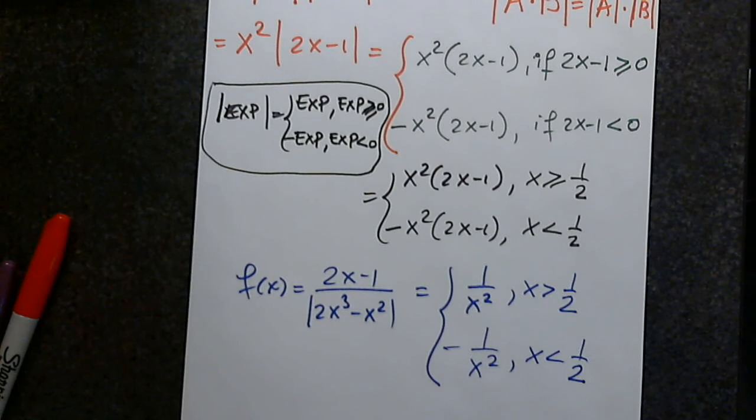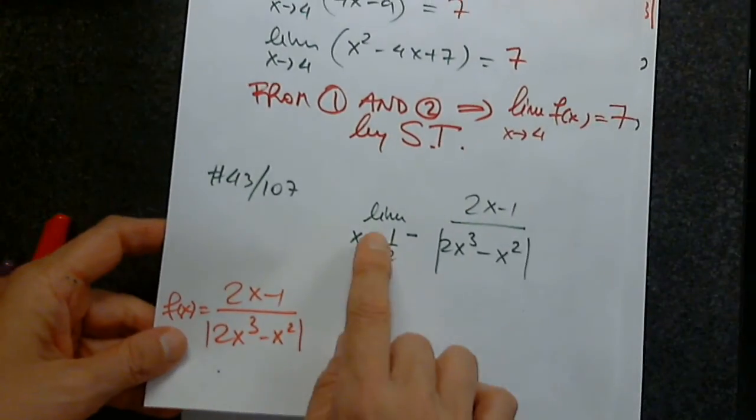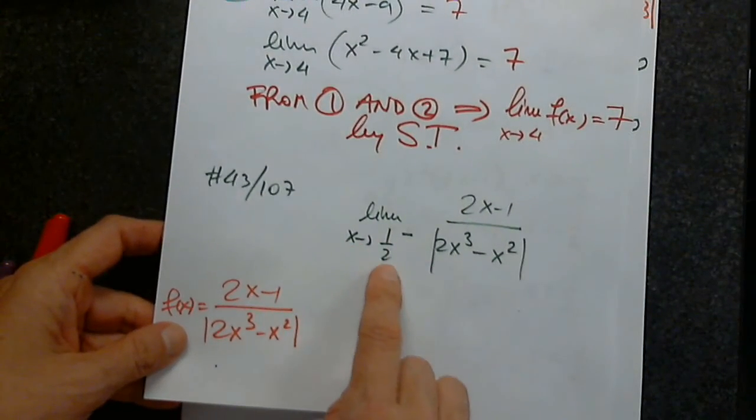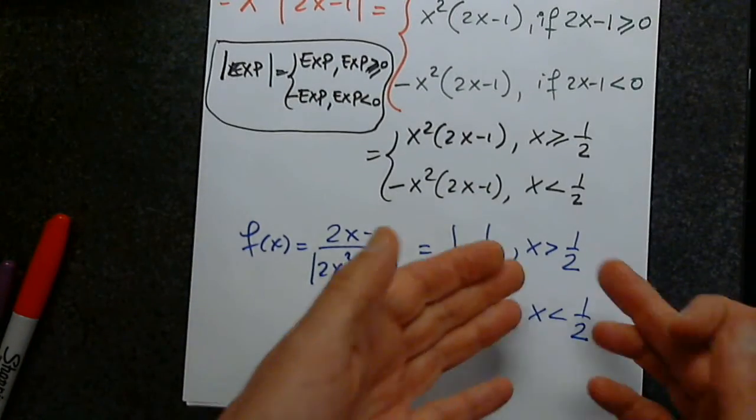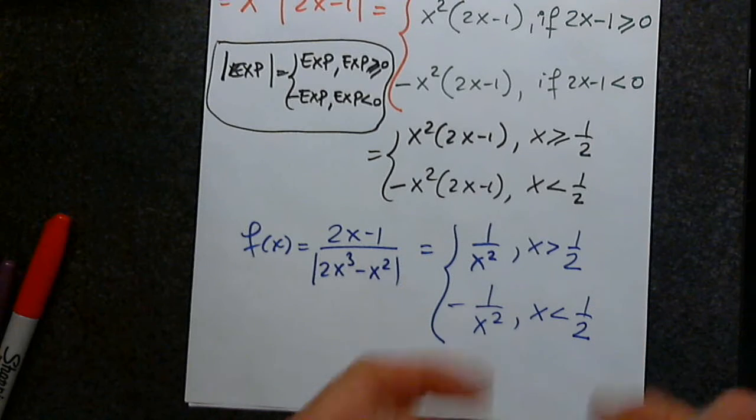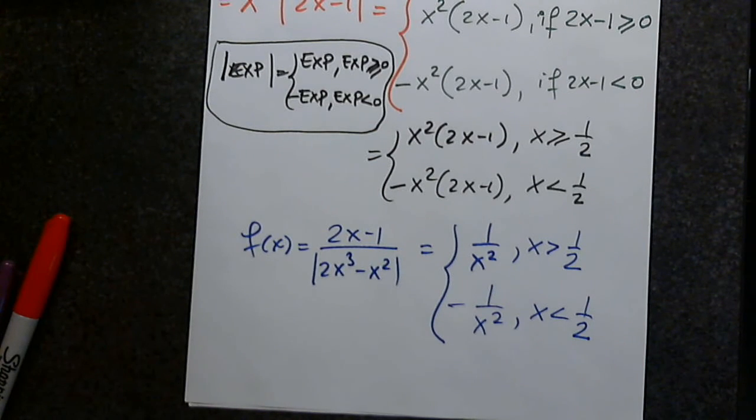And now I can answer the question. What was the question? The limit of the function as x approaches 1/2 from the left. Which branch will I use for 1/2 from the left? That's why we did all those absolute value expressions.